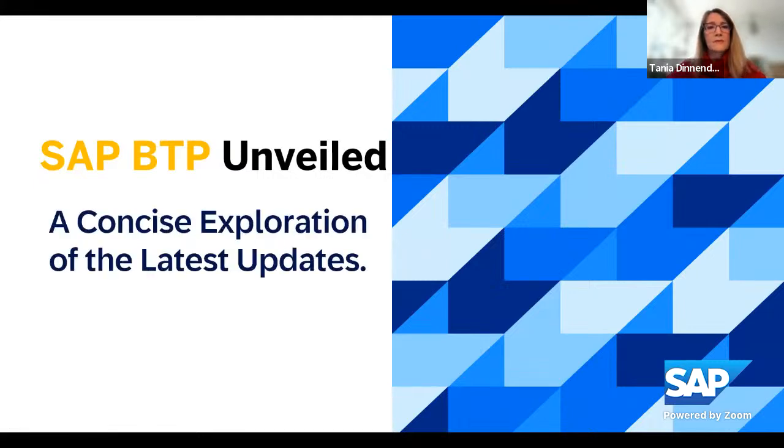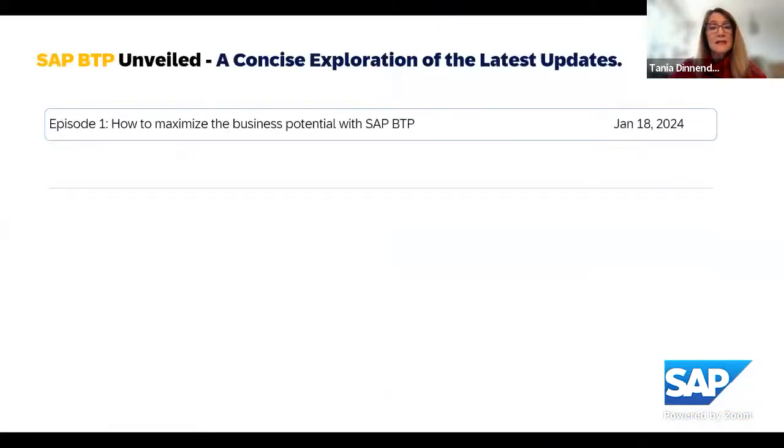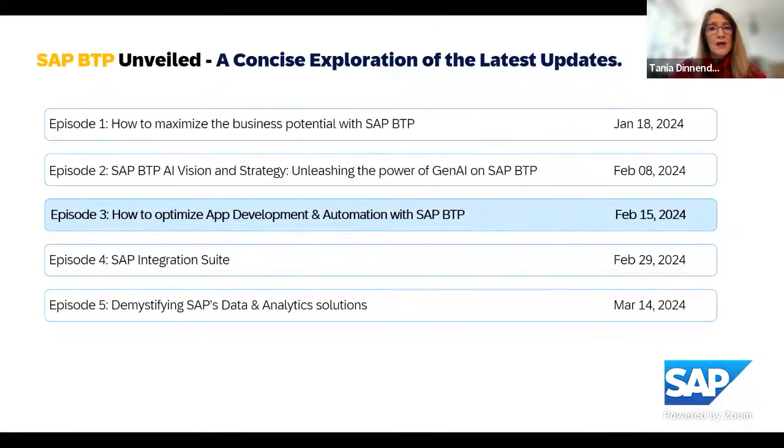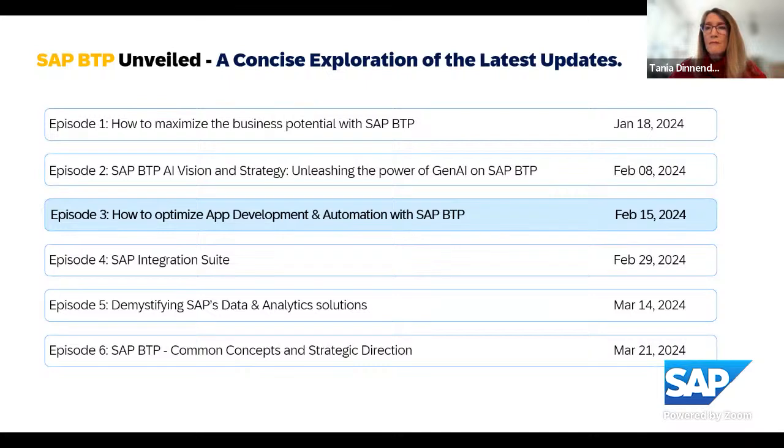With this series, we have set up 6 episodes on all major elements of BTP. And today we have the 3rd episode. We already had one providing an overview of SAP BTP, showing how to maximize the business potential with this platform.